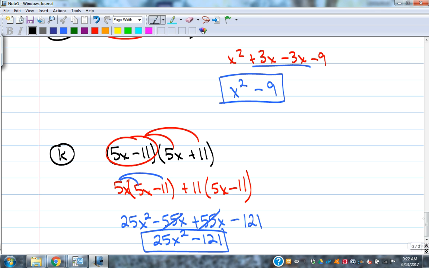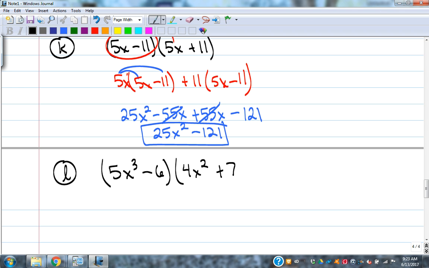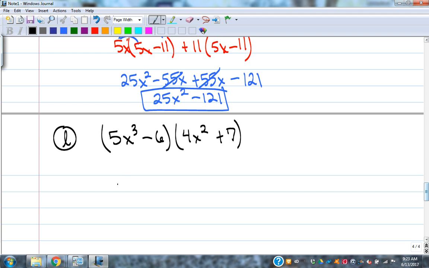Where they get a little bit more difficult, maybe they take 5x to the third minus 6, and then 4x to the second plus 7. Yeah, that's got higher exponents in it, but the process is still the same. You're taking this entire first piece to both of those.